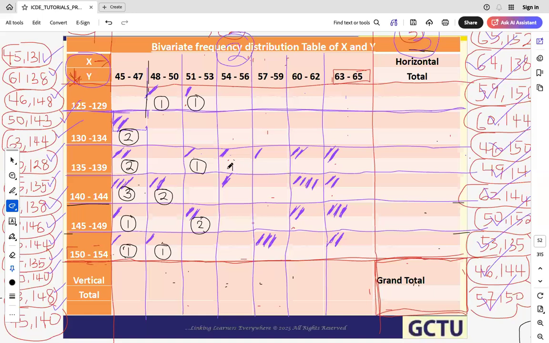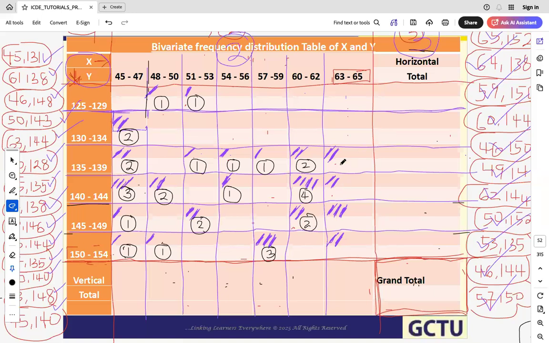Here also we counted 1. Here we counted 1. Next column we counted 1 here. Here we counted 3. The last but one column we counted 2 here. We counted 4 here. We counted 2 here.